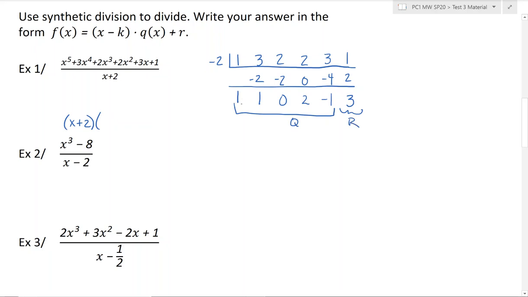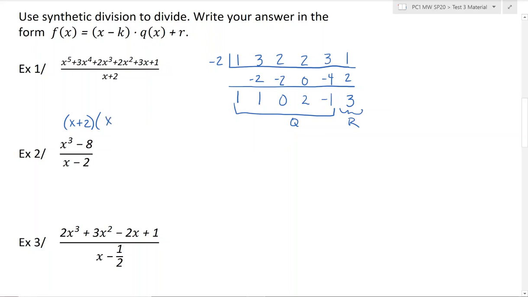The quotient, how do you know what power this is going to be? You can start from the very end and go counting up. This is a constant, an x squared, an x cubed, an x to the 4th.